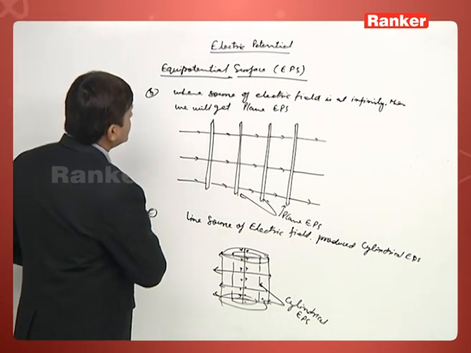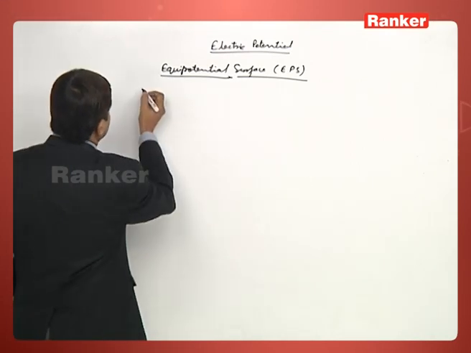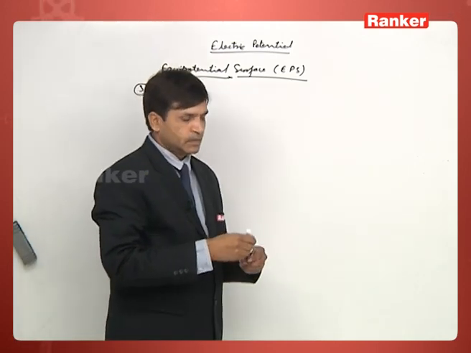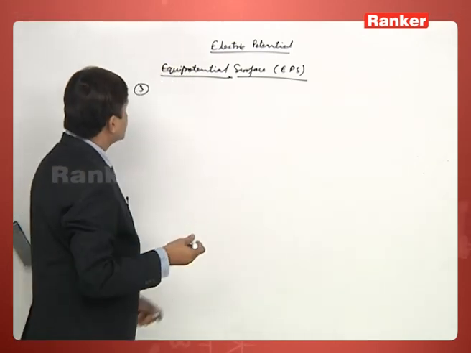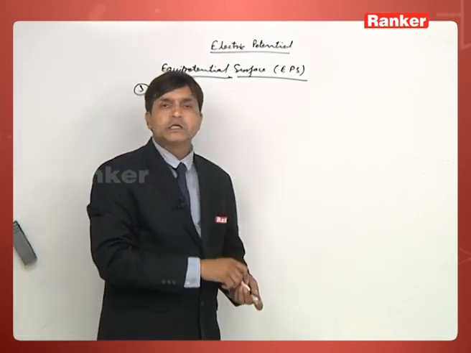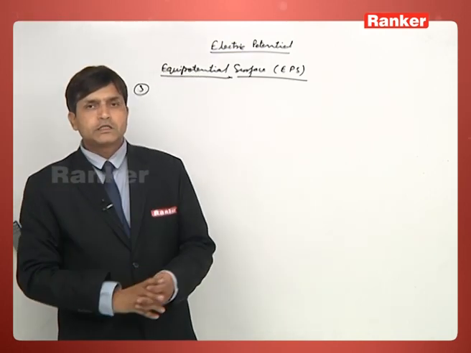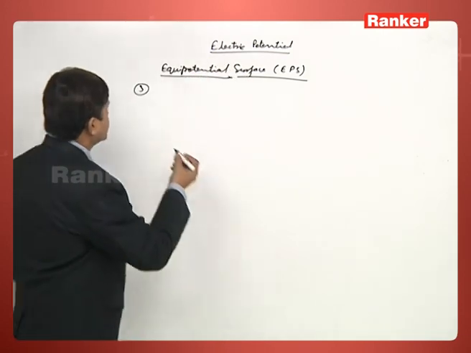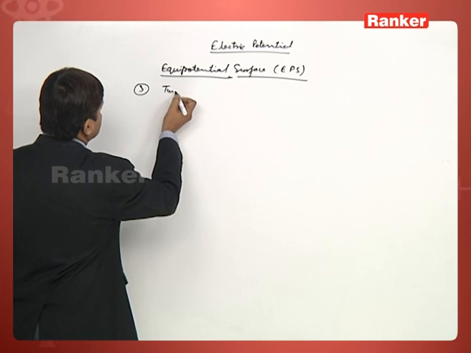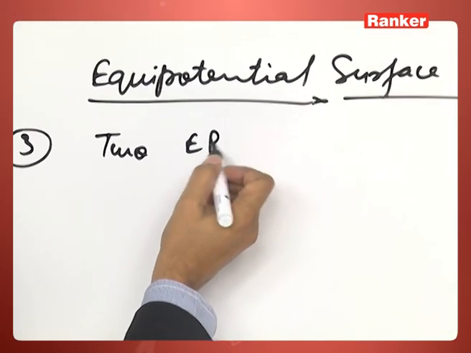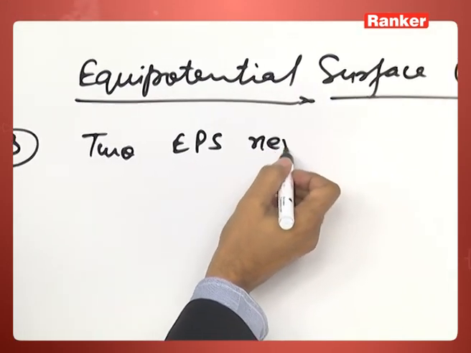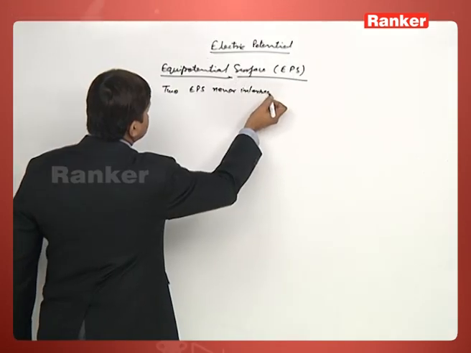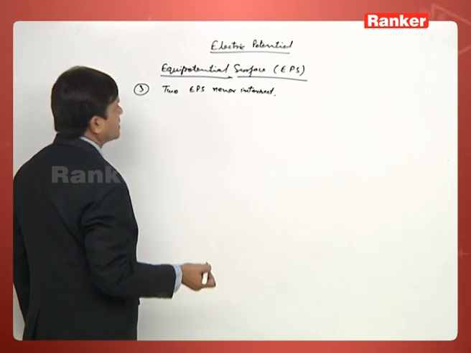Now, another property of EPS. Third point: two equipotential surfaces, or two EPS, never intersect at any point. Two EPS never intersect. Why?